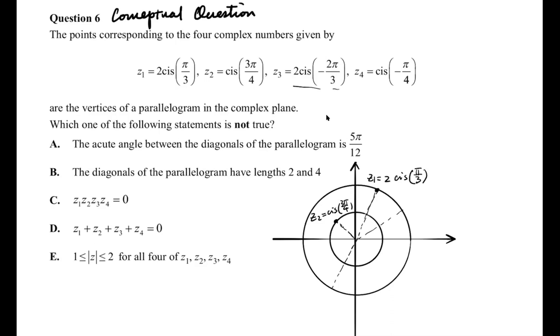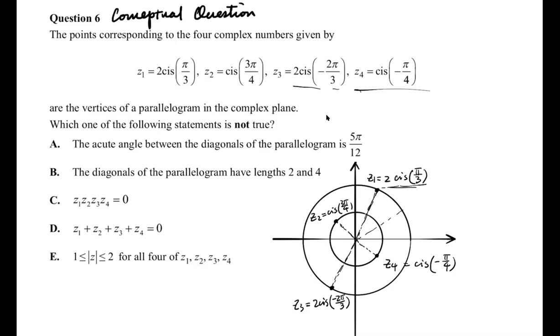So it should be in the same direction of that complex number, but in the opposite direction. So this one should be Z3 equals 2cis minus 2 pi on 3. And then the last one, cis minus pi on 4, like that.